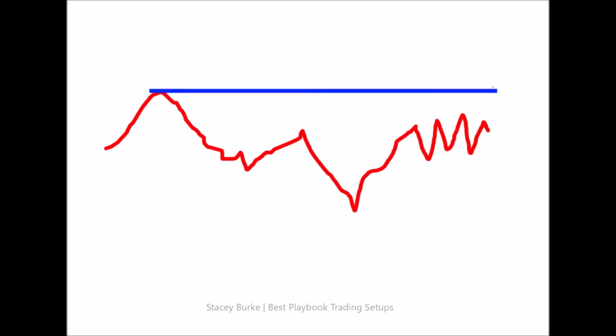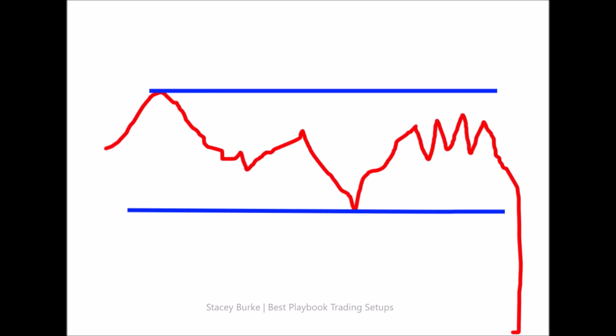This often gives us our boundaries for a rectangle, which can turn into a measured move. It may not be a range expansion. It may be a parabolic type of opportunity, though. So we have our peak formation high, peak formation low, and consolidation for a possible blow off vertically, and that may be in the downward direction, or we may get a market that goes vertical in the other direction.